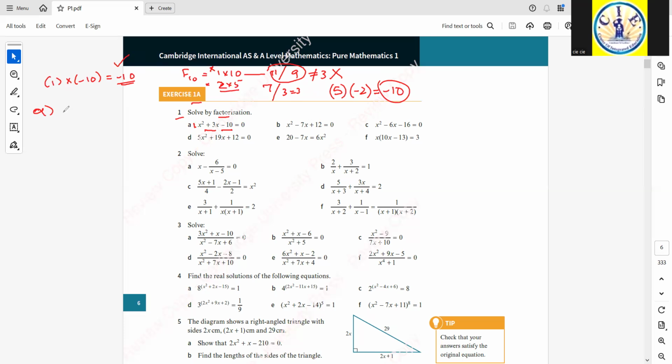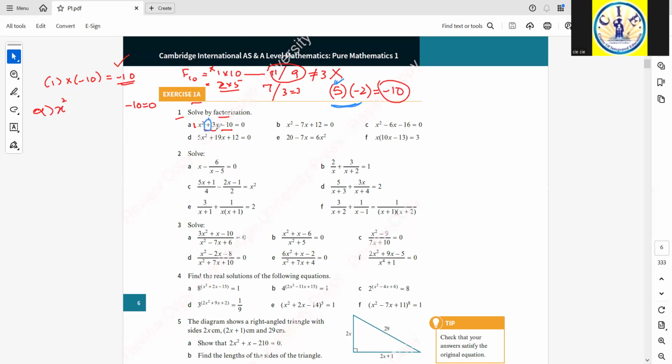One thing that I need to clarify here is that the factors that you choose, like 5 and 2, the larger of those factors, which in this case is 5, must contain the same sign as the middle term.